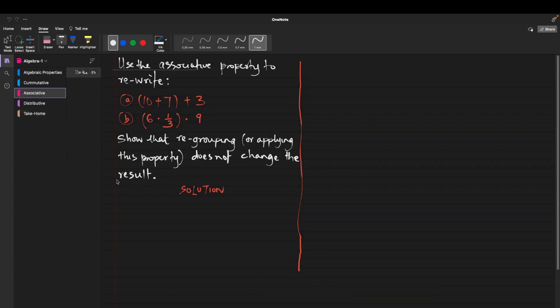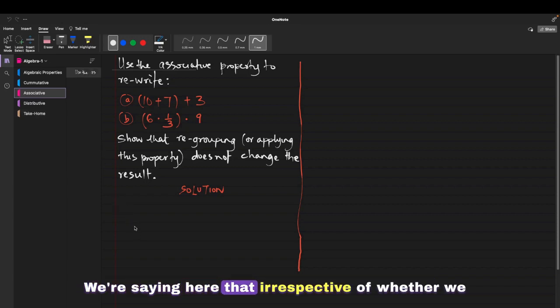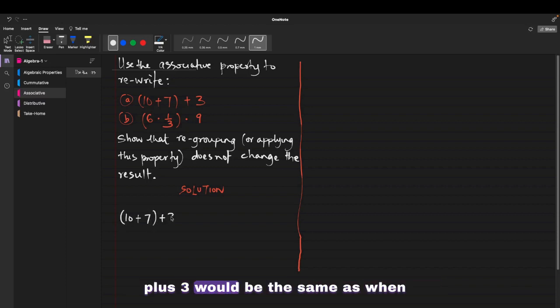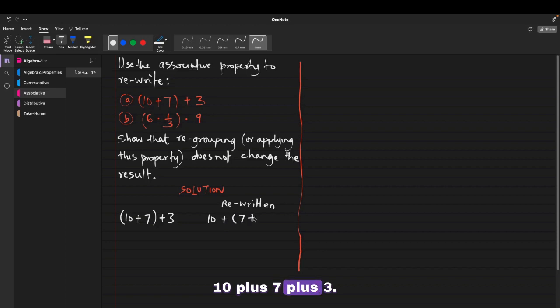Associative property. We're saying here that irrespective of whether we regroup or not, 10 plus 7 grouped together plus 3 would be the same as when we rewrite the expression, right? So the rewritten expression would be 10 plus 7 plus 3.